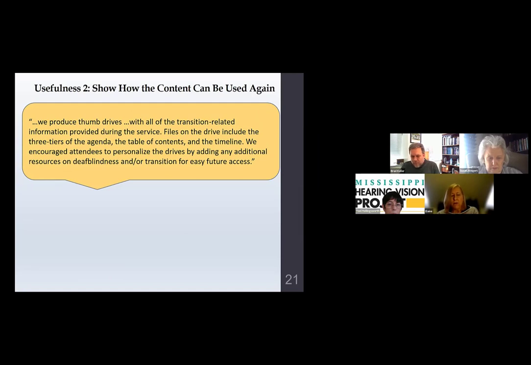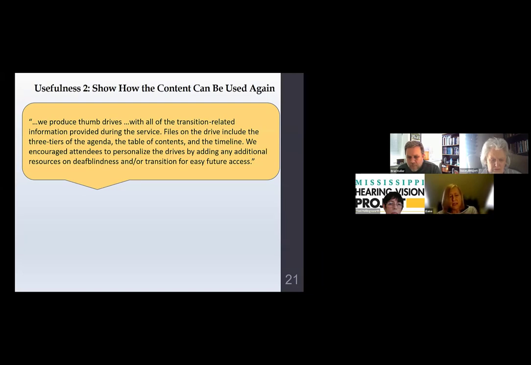So one grantee wrote, "We produce thumb drives with all of the transition-related information provided during the service. Files on the drive include the 3 tiers of the agenda, the table of contents, and the timeline.